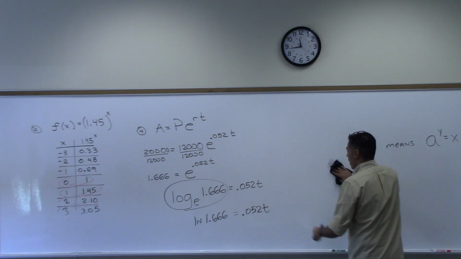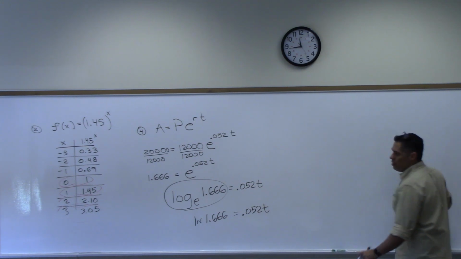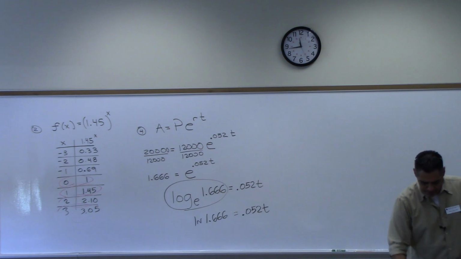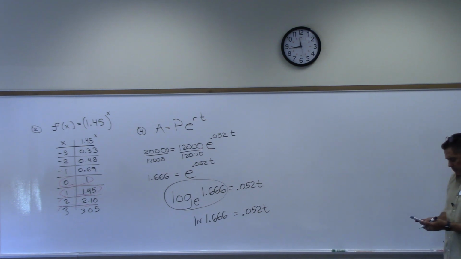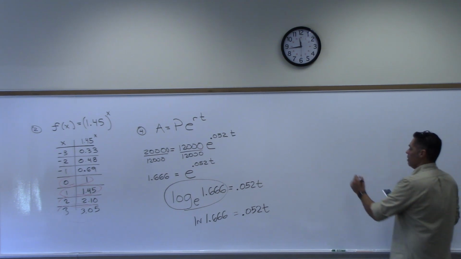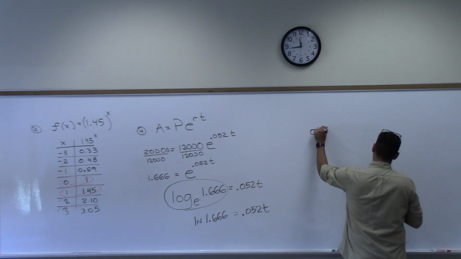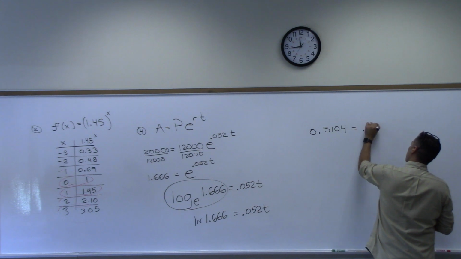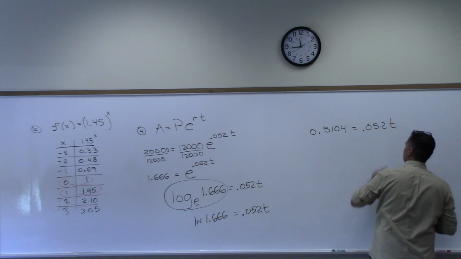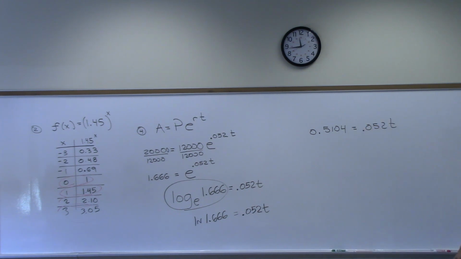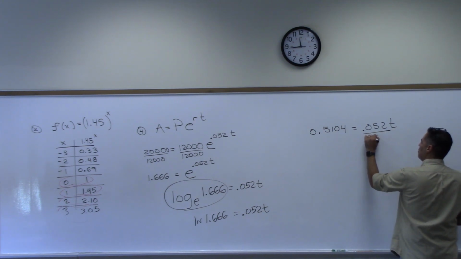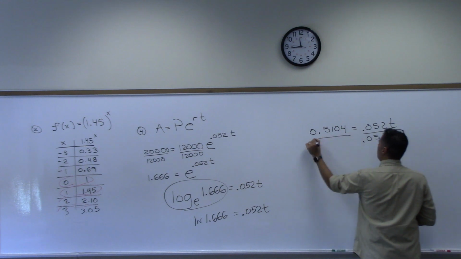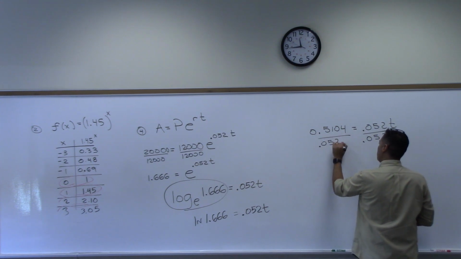Now on your calculator, you have to find your natural log key. You've got to do natural log of 1.666. 0.5104. So I get 0.5104 equals 0.052t. And there's one more step. Divide this side by 0.052.